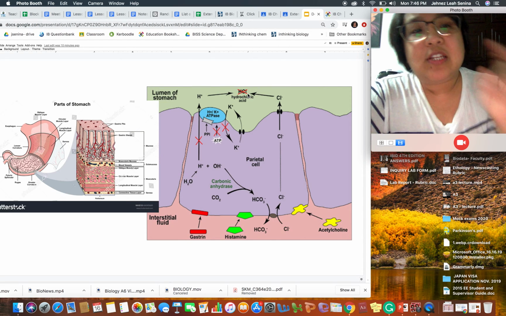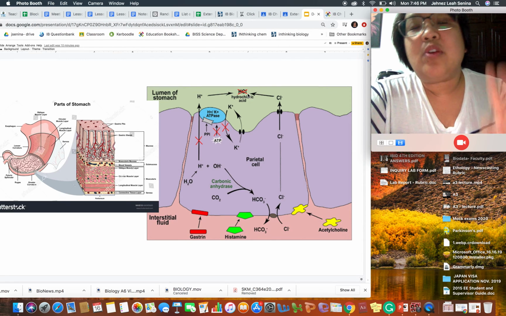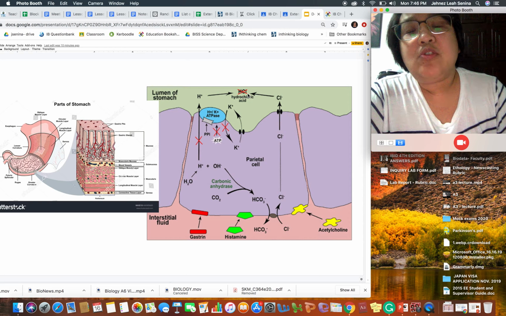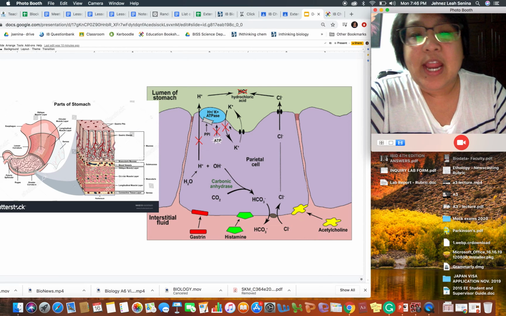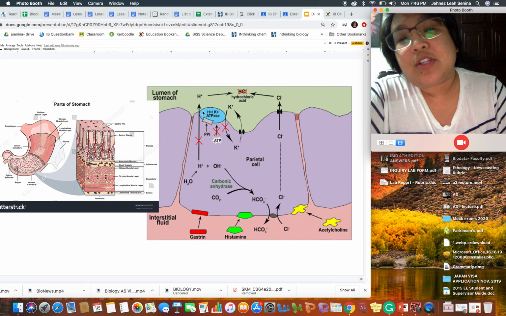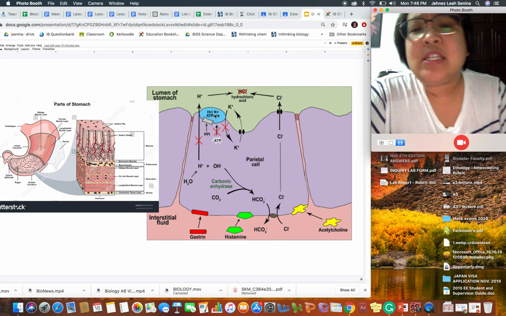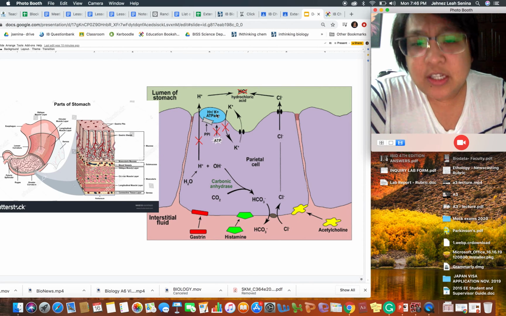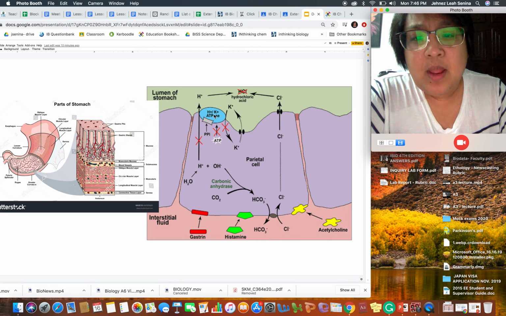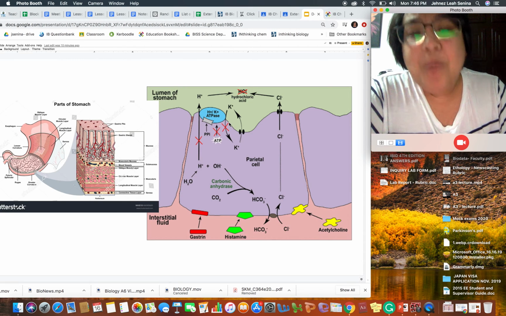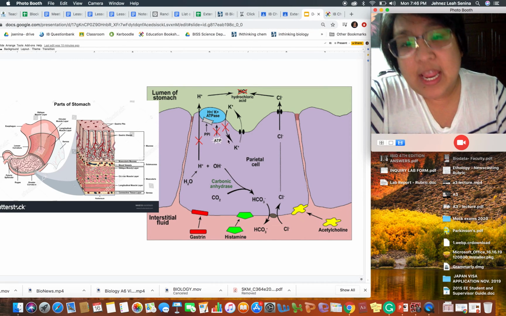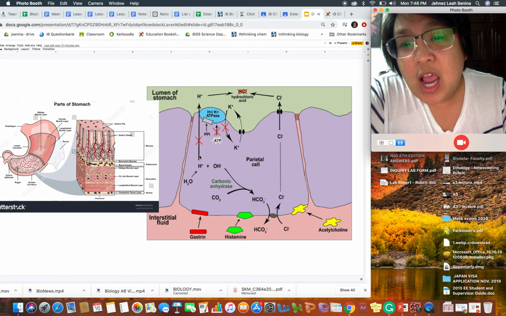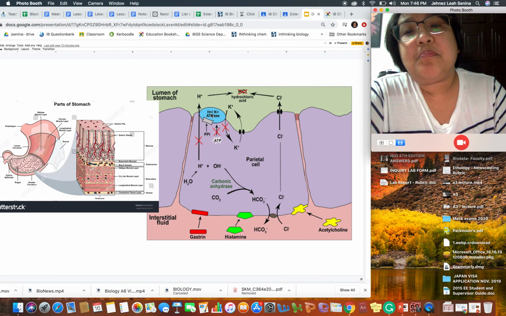Now the second group of medicine are called proton pump inhibitors. Usually, in the inner lining of your stomach cell, you find this hydrogen potassium ATPase pump. This pump pumps potassium in and pumps hydrogen out, so we call this a proton pump.